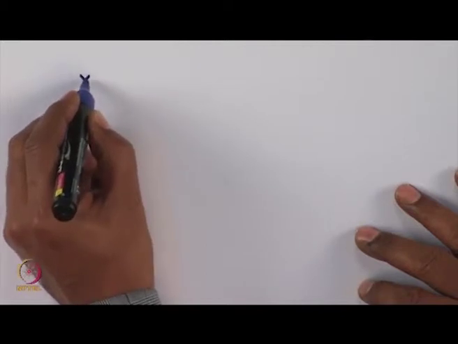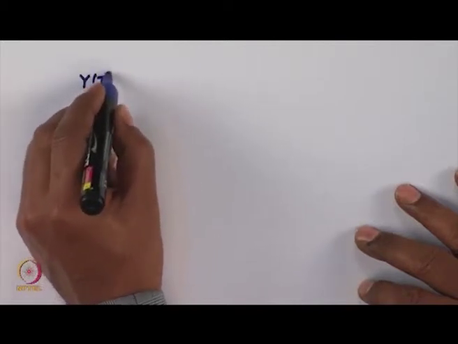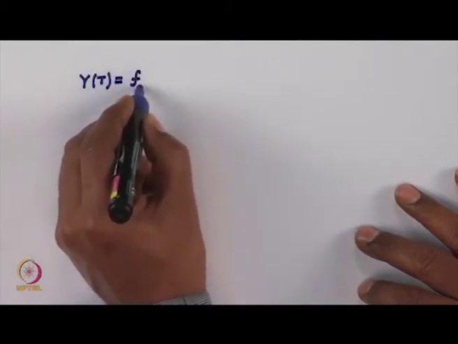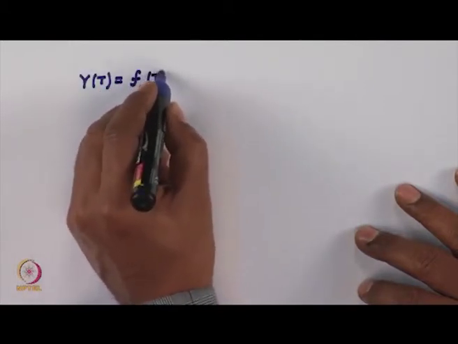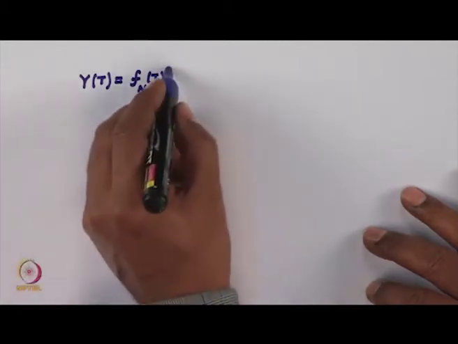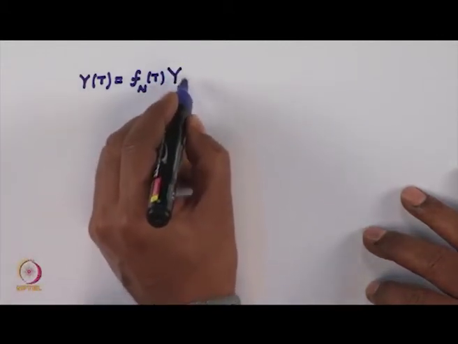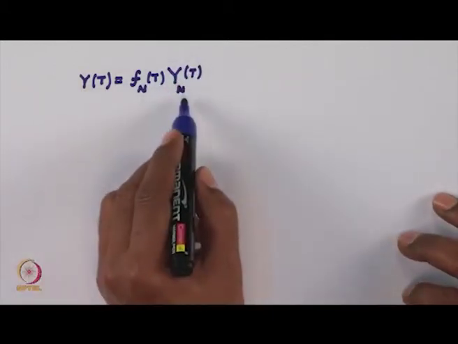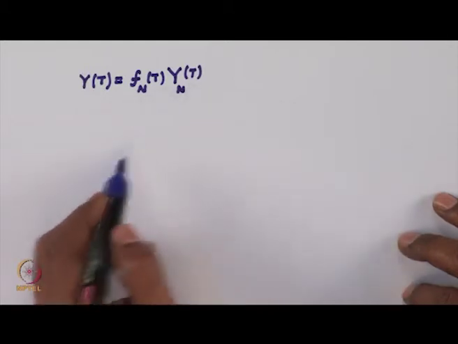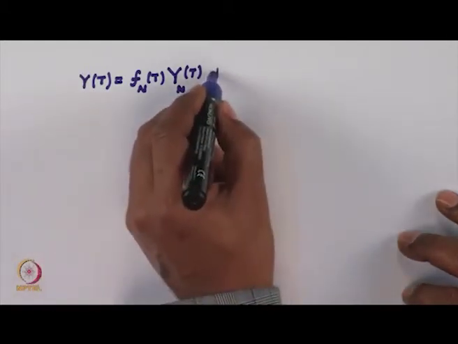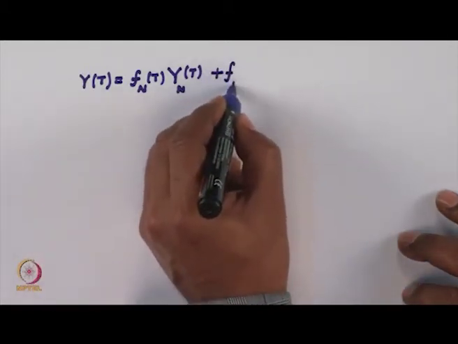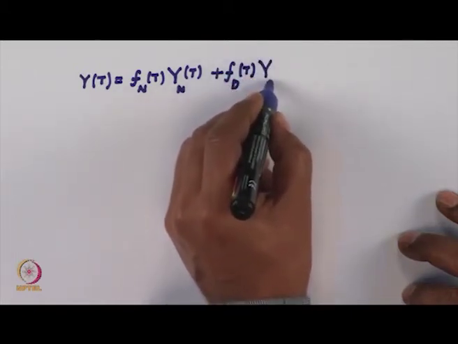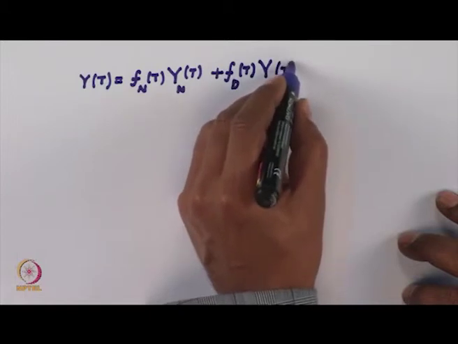Y at any temperature T will be equal to the fraction of the protein in native state at that temperature, Fn, into Yn at T, the value of that property in the native state at that temperature, plus Fd at temperature T into Yd at that temperature.